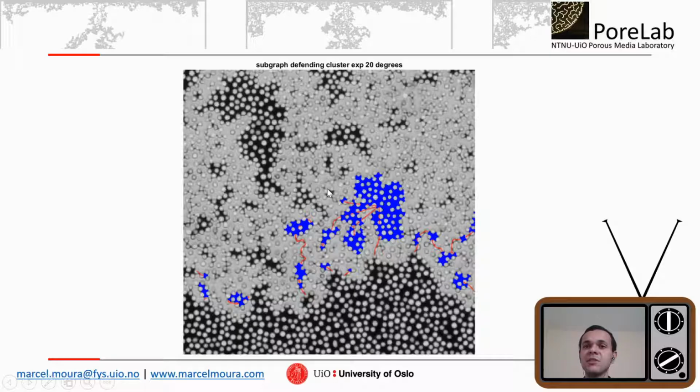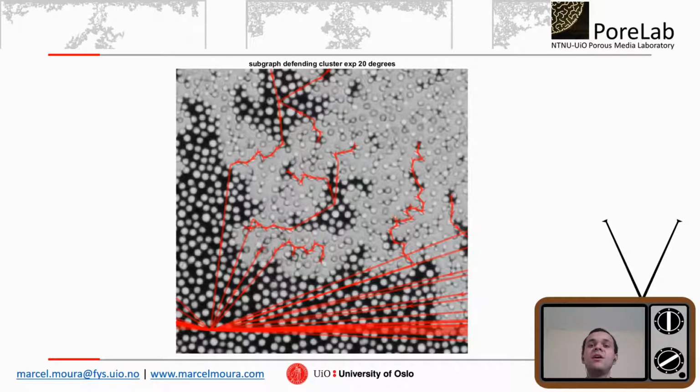We see that it's mostly the clusters close to the main drainage cluster that are connected to it, and those are the ones that are drained due to film flow. So that's consistent with what we have found, that there is this active zone close to the main drainage zone. And then once we do that, it's pretty convenient because we can use graph theory. We can apply arguments of graph theory to this problem.